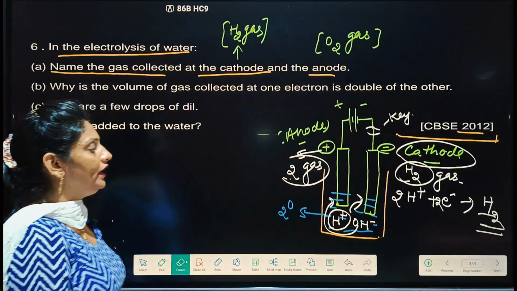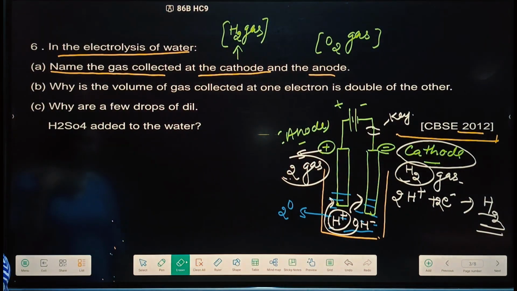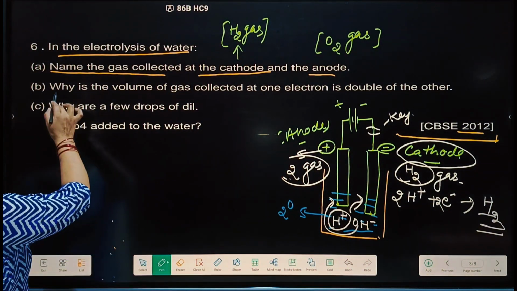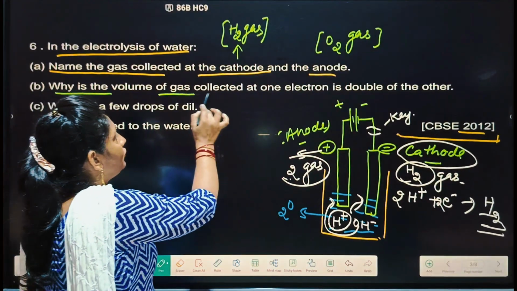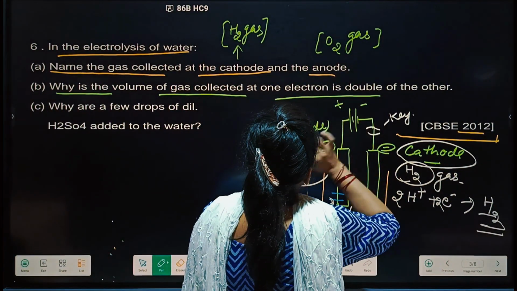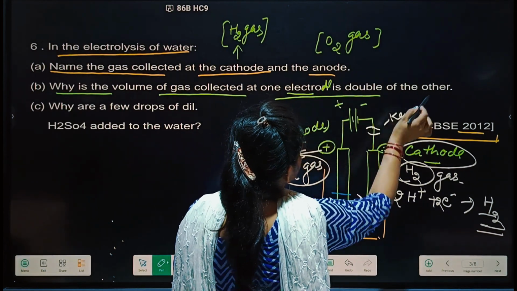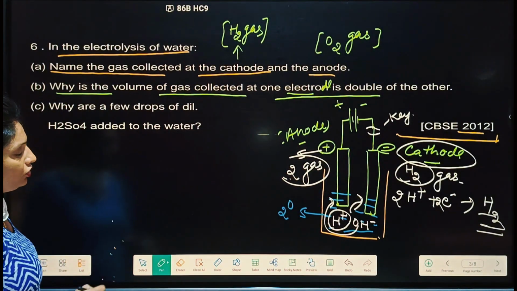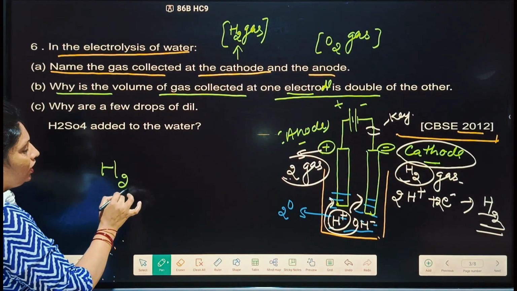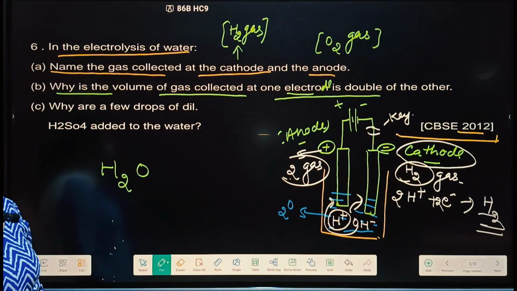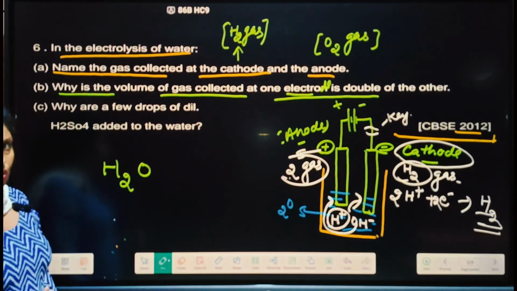Here students, if I talk about why the volume of gas collected at one electrode, it is not electron, it is electrode, is double of the other. You can see students, the formula of water is H2O.